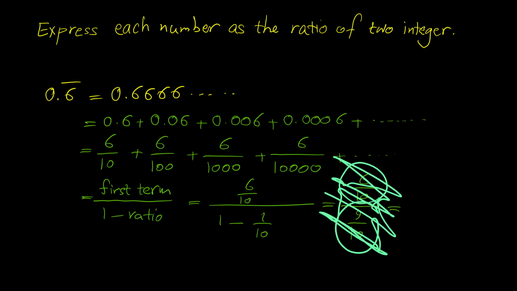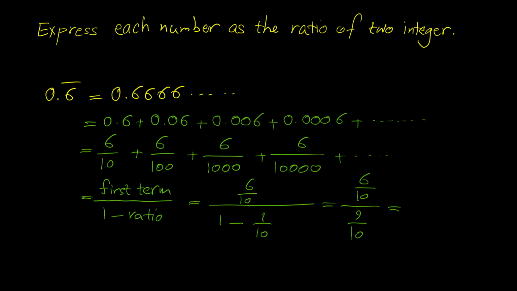If numerators are the same, you can cancel numerator with numerator, denominator with denominator. By the way, this is another story. We don't want to talk about simplifying fractions. Our focus is on geometric series. So, this sum is 6 over 9, which is 2 over 3. If right now you use a calculator and you divide 2 by 3, you would see that the calculator would give you this number, 0.6666 forever.